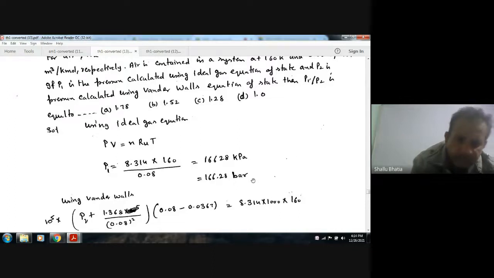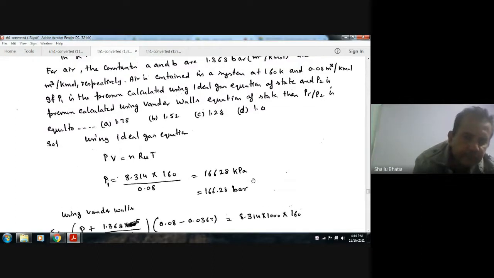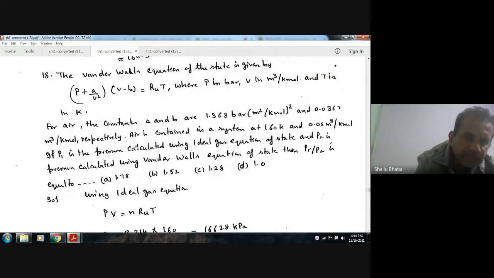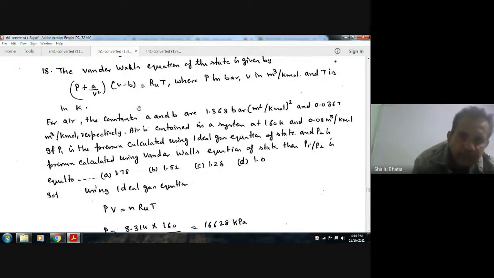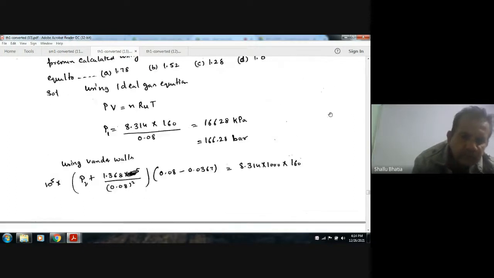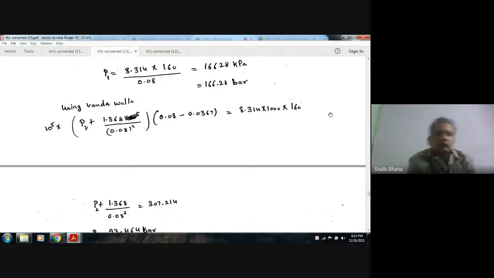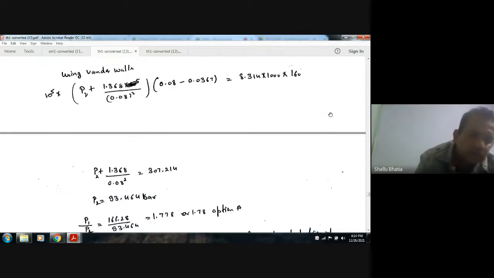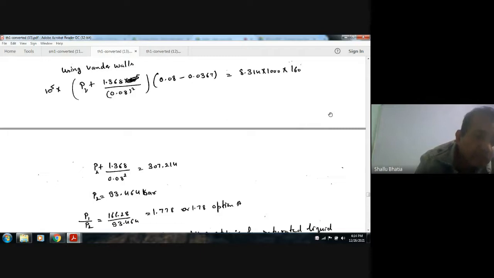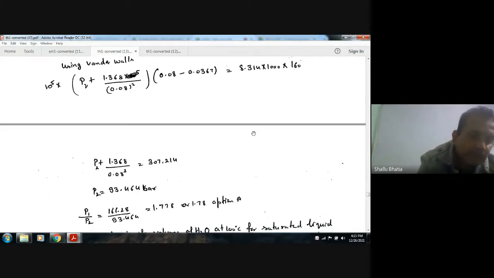Here the only difference is a and b. Take a as the given value 1.368 and b as 0.0367. This is a calculation question; you have to make the calculation. All the formulas are known, so we can find P2, then we can find P1 by P2.